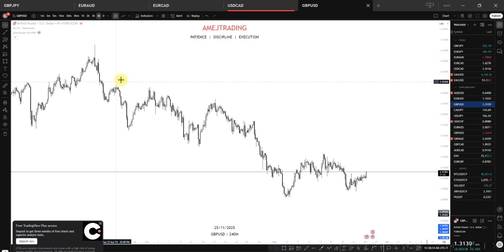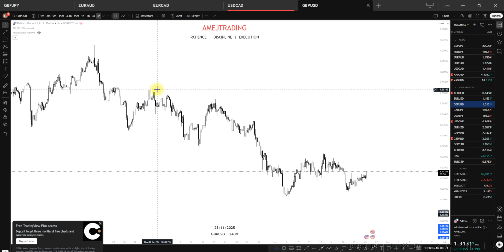Now, the first thing you should note is that for you to place a buy or a sell, you must have picked a particular valid support or resistance level. That's the number one key to trading. After picking your support or resistance level, it is left for you to confirm whether it is going to hold.